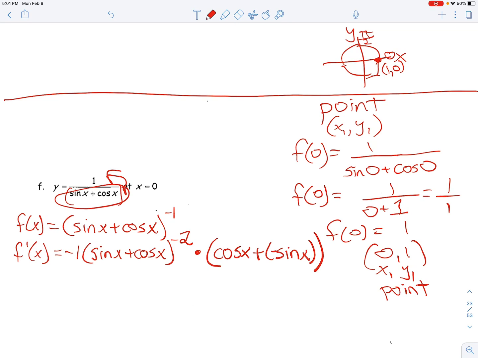The derivative of sine is cosine x, plus the derivative of cosine x, which is negative sine x. All right, so let's see here.